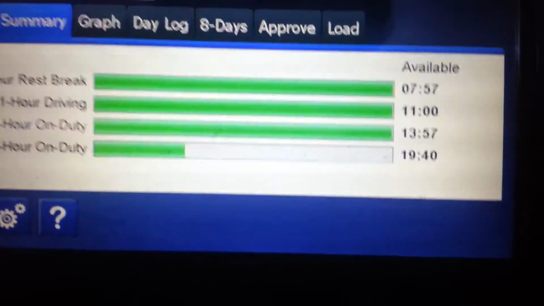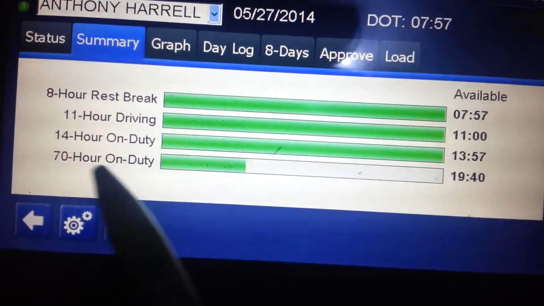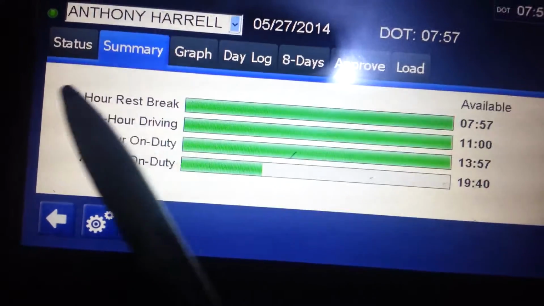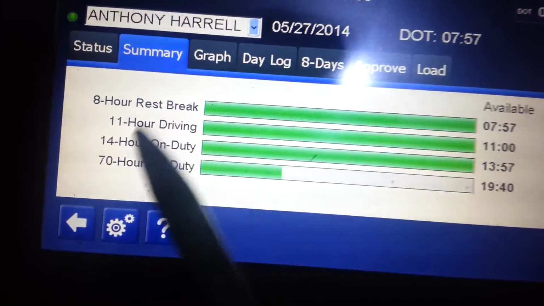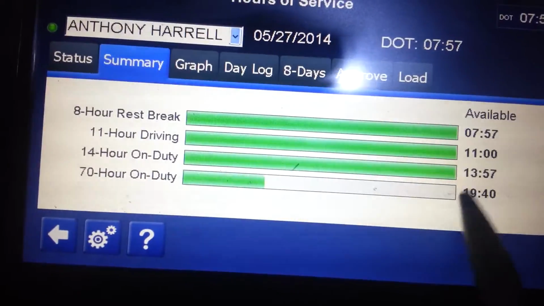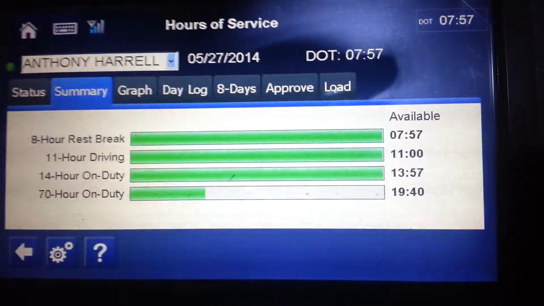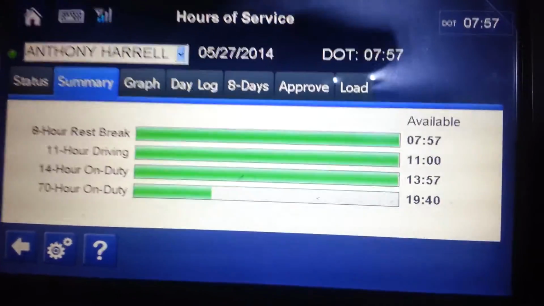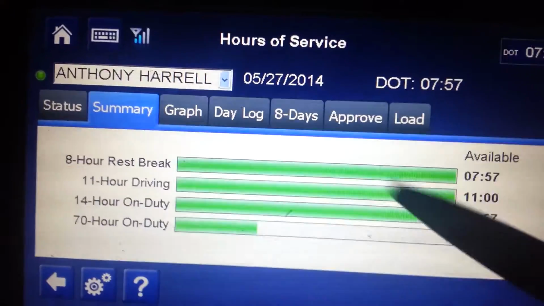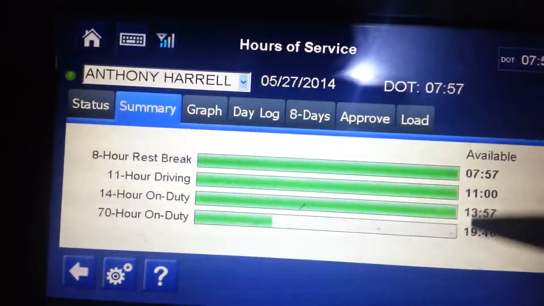And sometimes, depending on what you got on your 70, when you take that 30-minute break off that 8-hour clock, it'll run off of what you got sitting on your 70. So, that's the name of the game. Managing your clocks. Managing your time wisely.